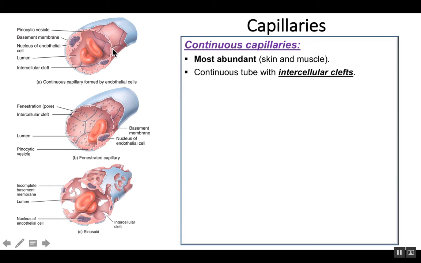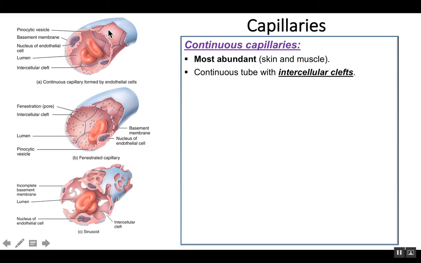And that little gap in between the cells is known as intercellular clefts. Not intracellular, intercellular. Inter means in between. So these are the little gaps in between cells. So those are found throughout the body.